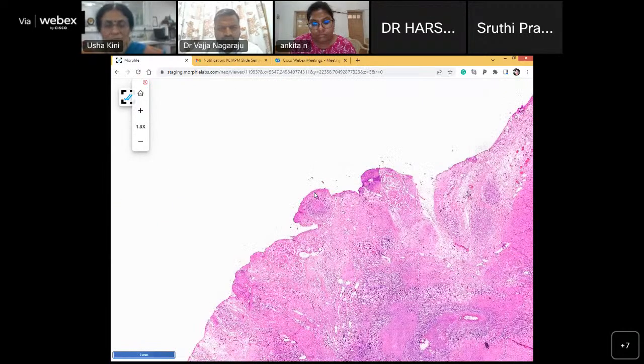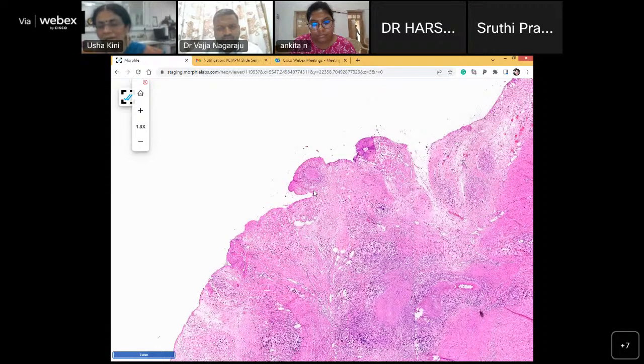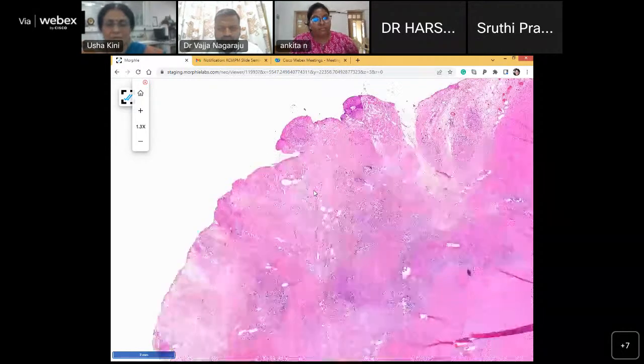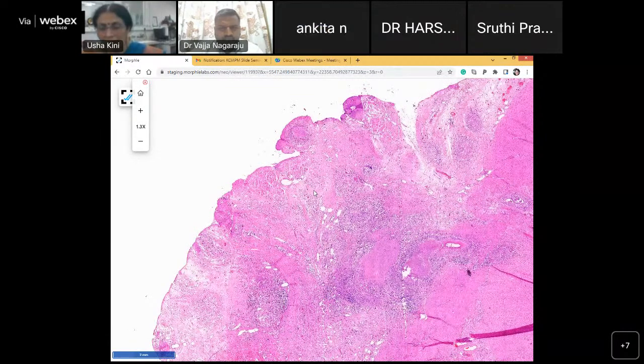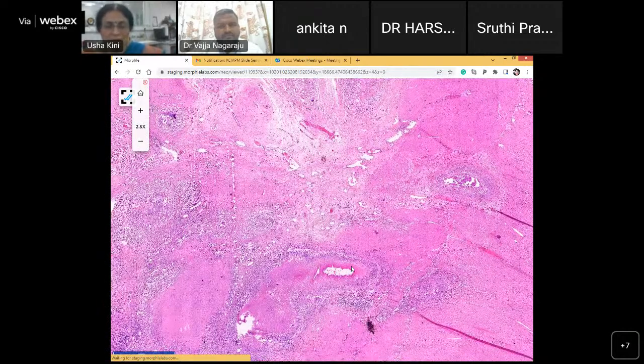But what concerned me was this, in the shape of these blood vessels showing a granulomatous inflammation palisaded by epithelioid cells. In addition, you have giant cells here. So I was very worried this 10-year-old is having a large vessel vasculitis.